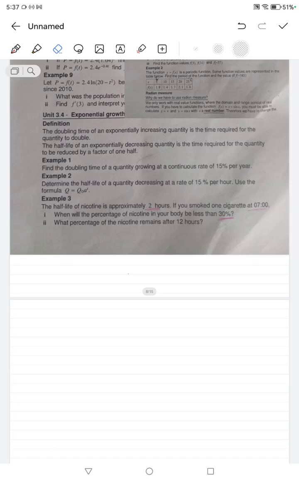If we can know k, then it means we'll be left with that unknown t, and then we'll be able to determine the time.